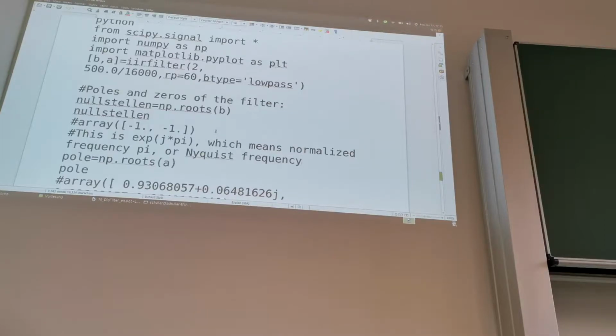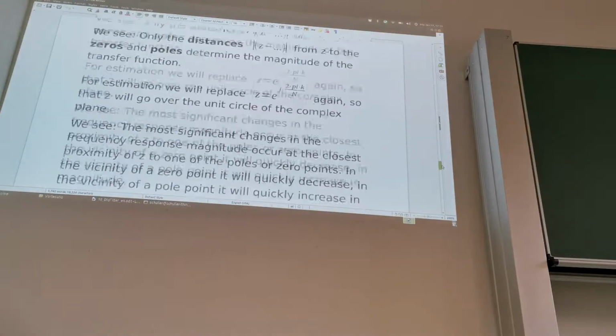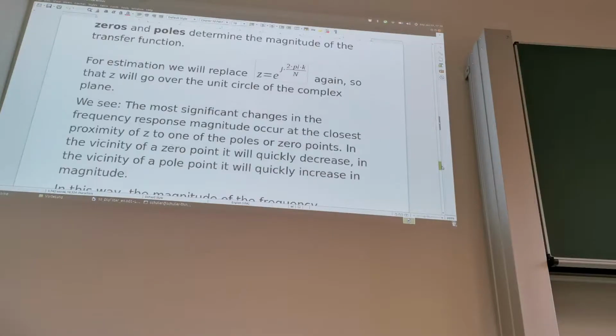Does it make sense? Or should I explain it a little bit more? Can you explain? Okay. So this basically comes from here, from this replacement.